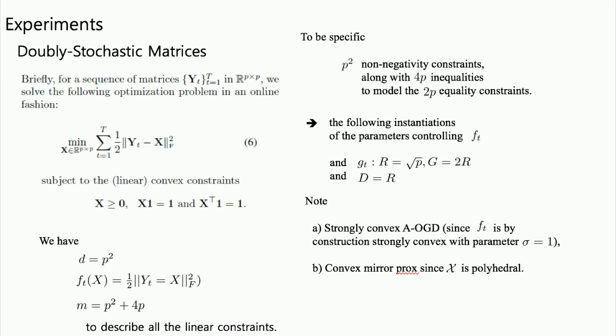More specifically, there are p-square non-negative constraints along with inequalities to model the 2p equality constraints. These lead to the following instantiations of the parameters controlling ft and gt and g and d.